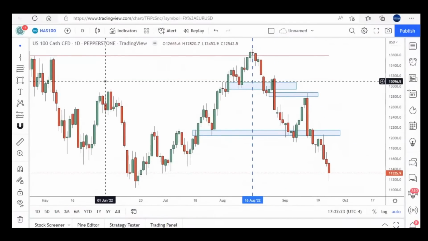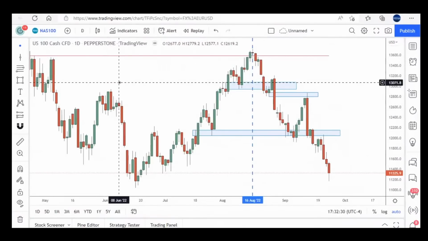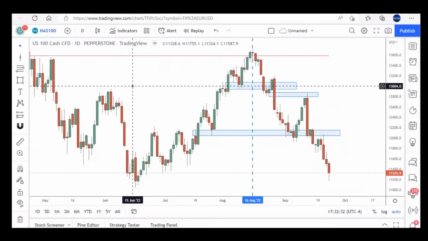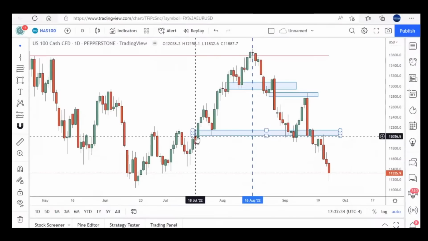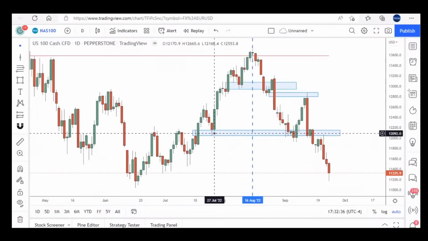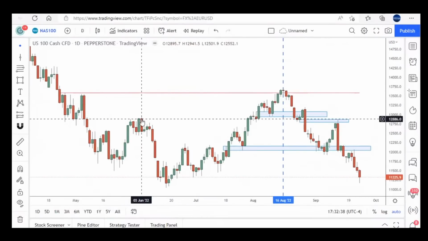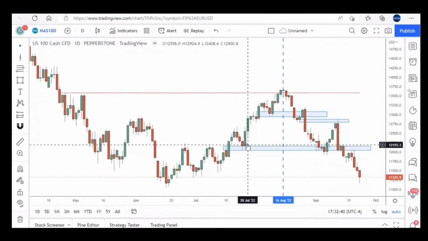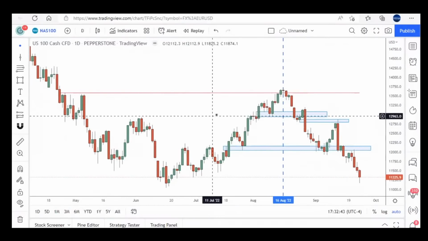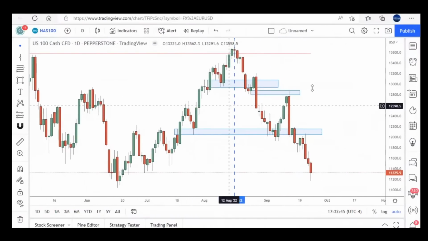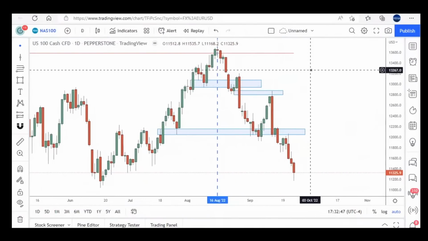Old highs, old lows, order blocks, breakers, any form of inefficient price action. I use that for my entries and exits. So here I'm using the order block for an entry. I'm going to use an old high for an exit. And you see that happened right here. Hopefully that could help answer your question a little bit, bud.